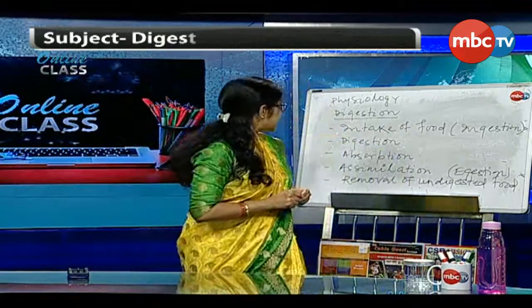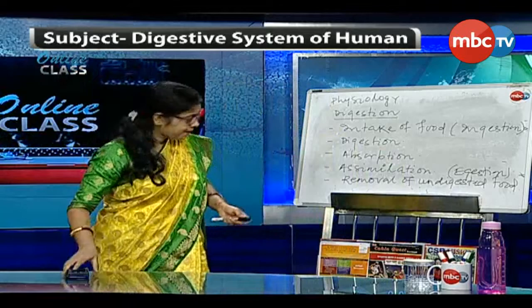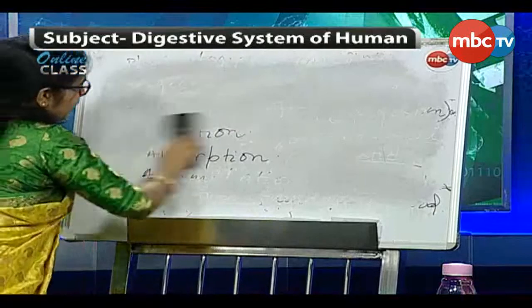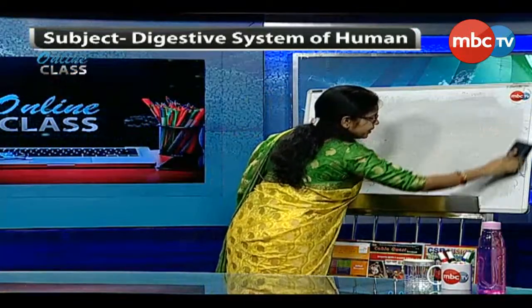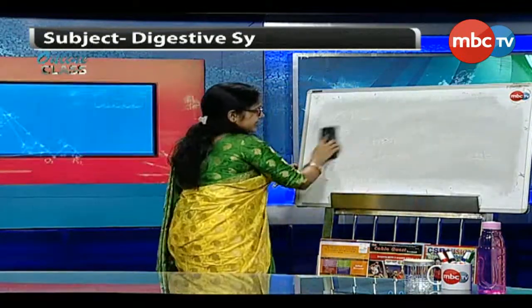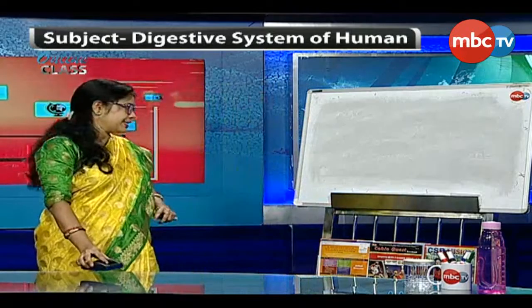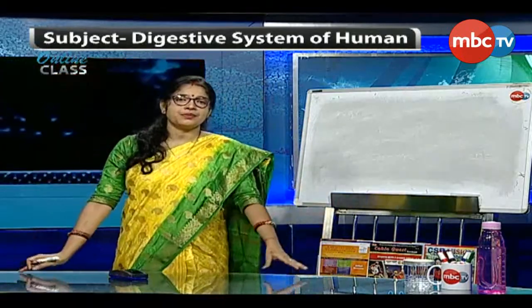So, these are the ways how the digestion is completed. So, this is said to be the complete digestive system, as there is the presence of 2 openings. So, in this way the human digestive system is completed.